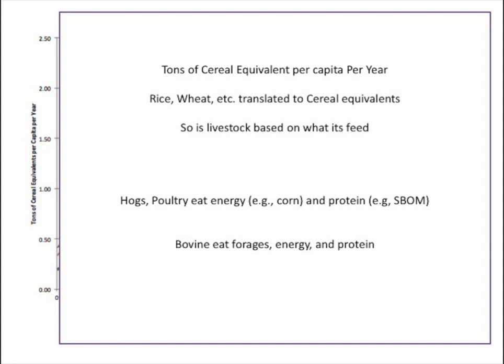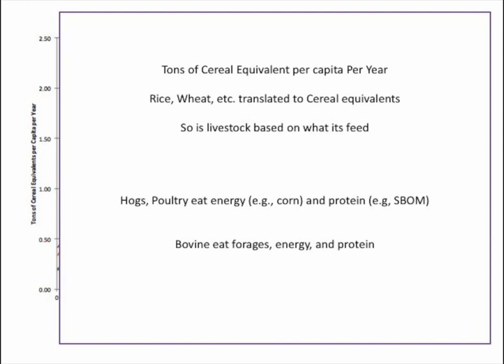Let's take a closer look at the vertical axis. This is tons of cereal equivalent per capita per year. What this does is translate all consumption into cereal equivalent. Rice and wheat have a cereal equivalent, but so does livestock. And the livestock cereal equivalent is based on what you feed it.